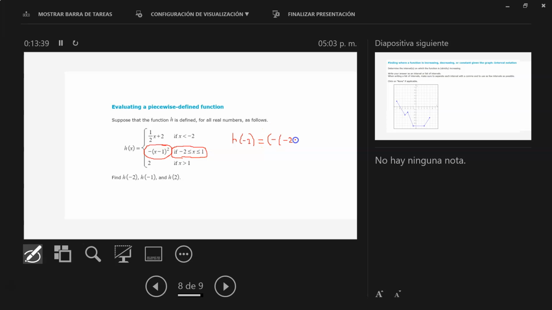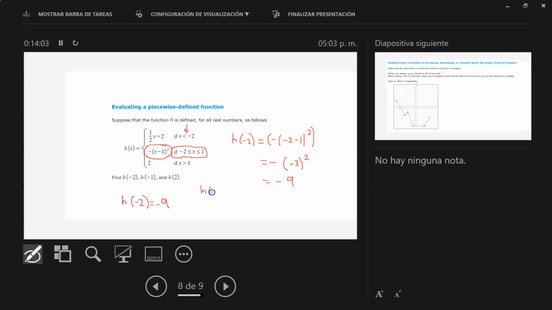So this is going to be -(-2 minus 1) squared, which is -(-3) squared, and (-3) squared is 9. So h of -2 is going to be -9. h of -1 is in this interval, okay?